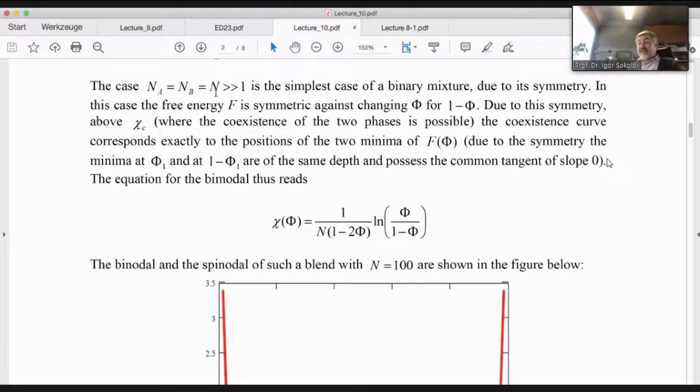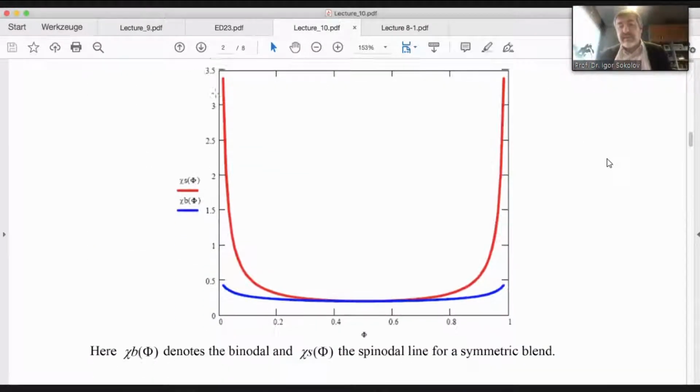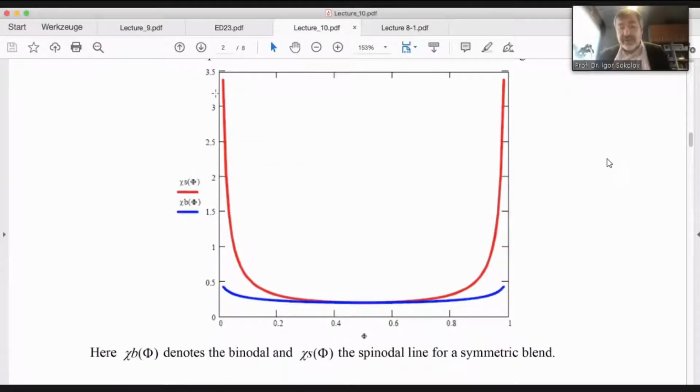It's really the simplest case for considering the phase separation. In this case, you can easily calculate, and this you will get as a homework. There will be also an explanation of how to do this. You will calculate both the binodal and the spinodal of the system.